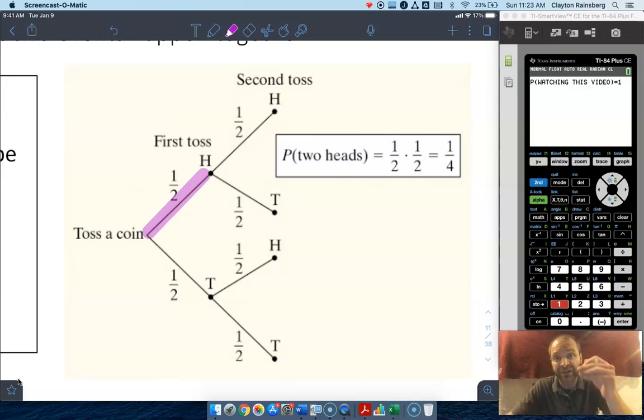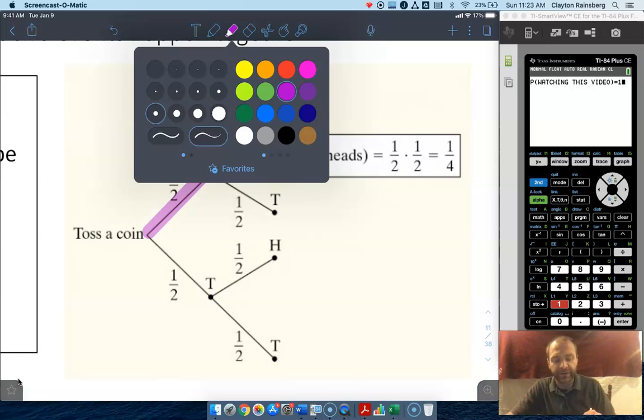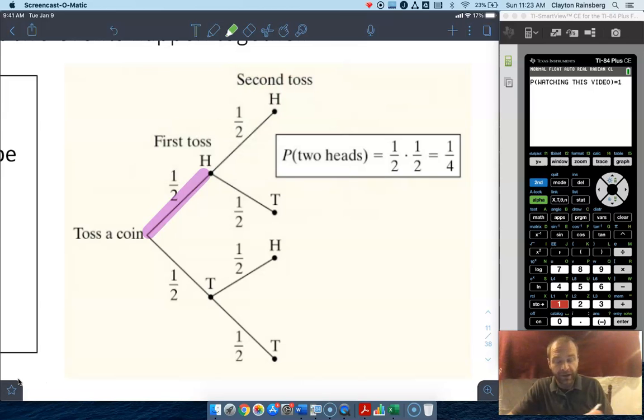That event had to occur. Now the next event is that I have to have another head. And so what I'm really doing is looking at the probability of the second coin being a head, given that the first coin was a head. And so I can multiply the probabilities assigned to those two branches together to get 1/4. It's a very basic example for us to understand what's going on.